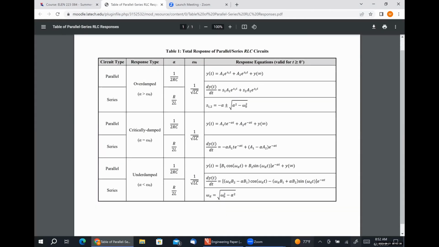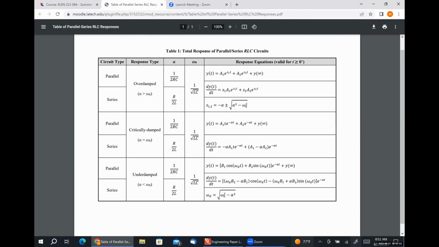So I've brought up the table here, and I have effectively summarized today's background lecture and actually the background of what we're doing on Friday into a single table.